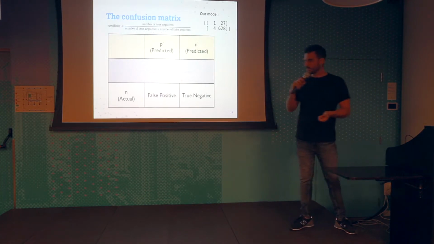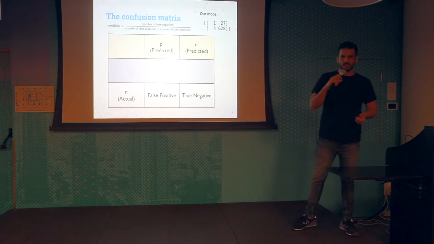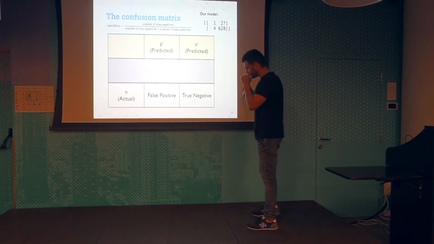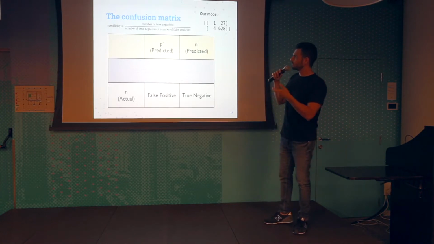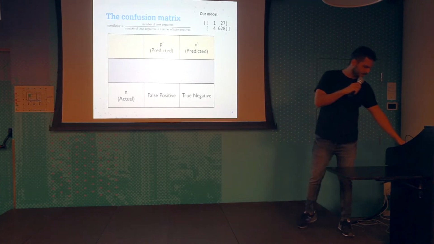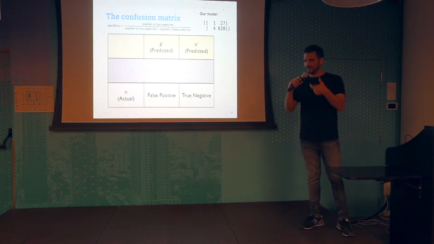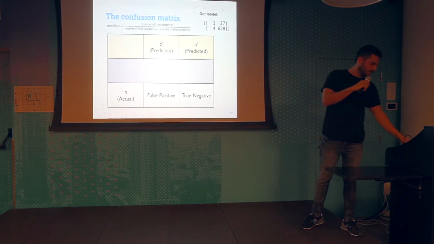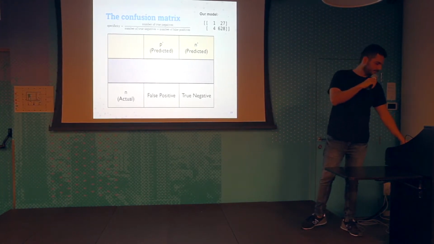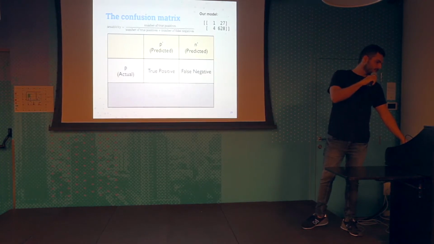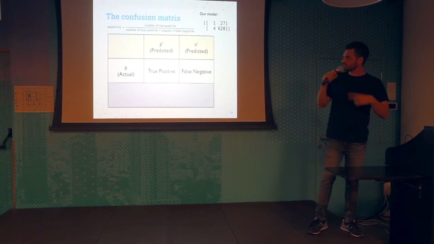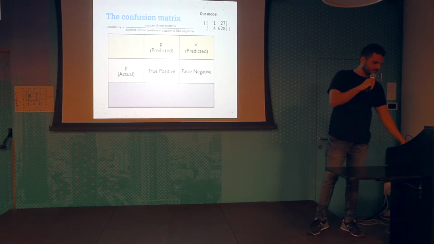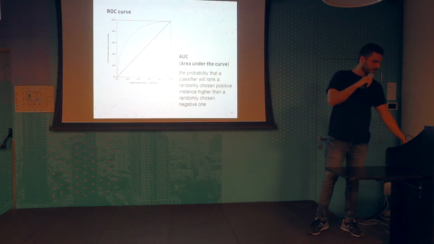Now we're going to look at something else, a ratio, which captures the type of errors that we do. We're going to look at specificity, which basically means taken from the negative sample, we're going to take whatever is actually negative and divide it by all the negatives. And we're going to talk about sensitivity, which does the same thing for the positives. It takes the positive and divides it by all the positives.